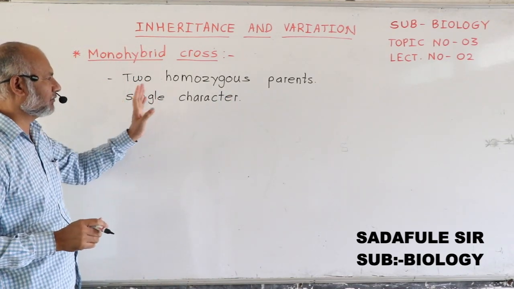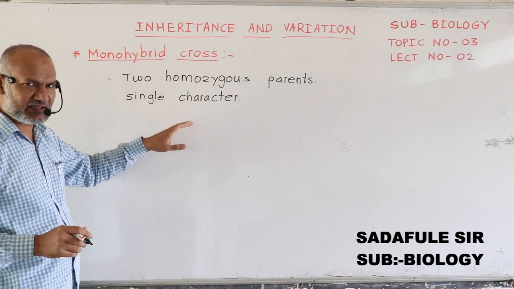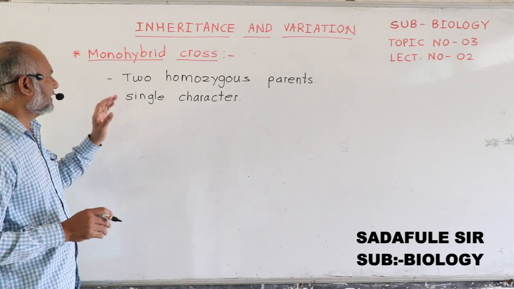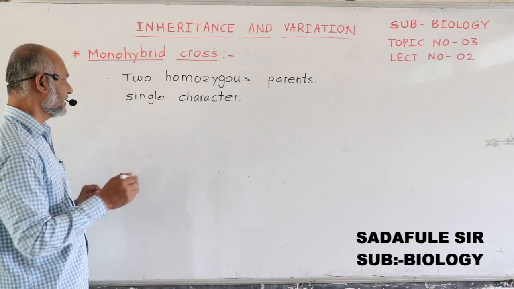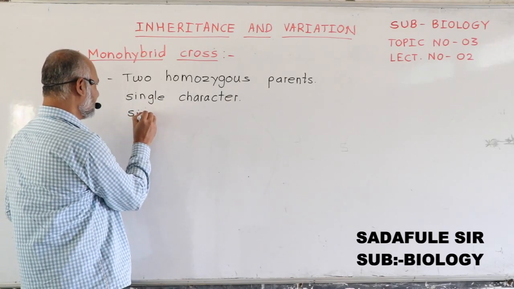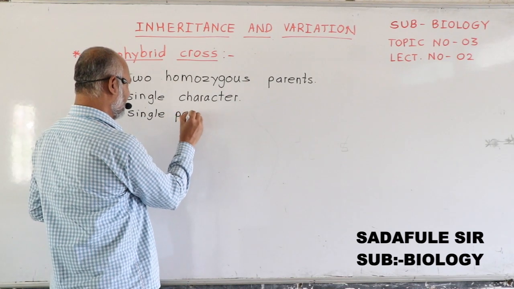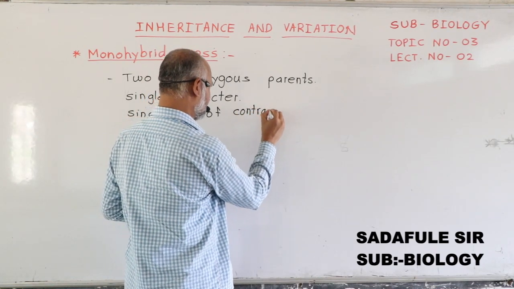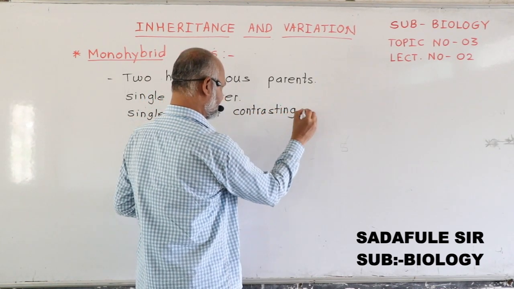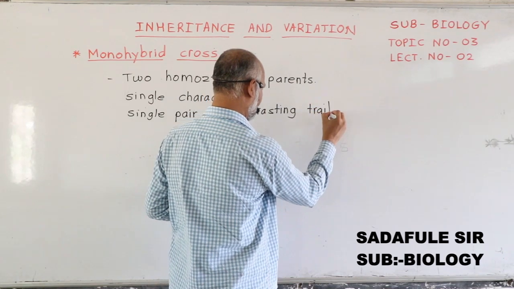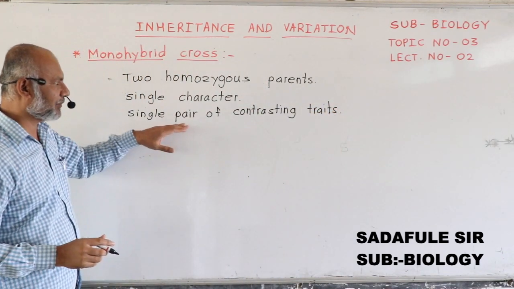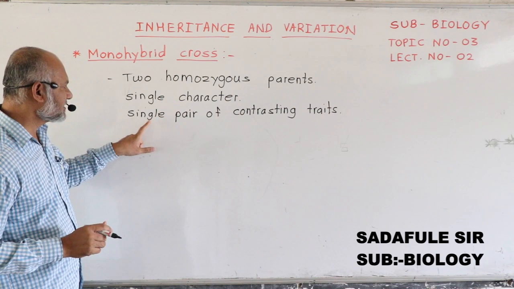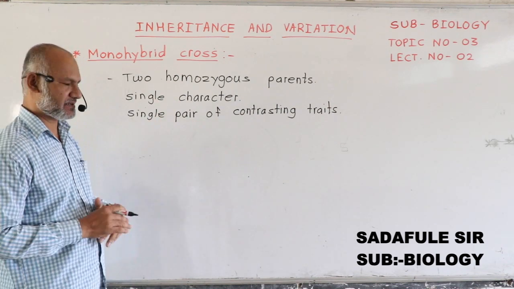It is also defined as a cross between two homozygous parents by considering a single pair of contrasting traits. Okay, single character or single pair of contrasting traits.